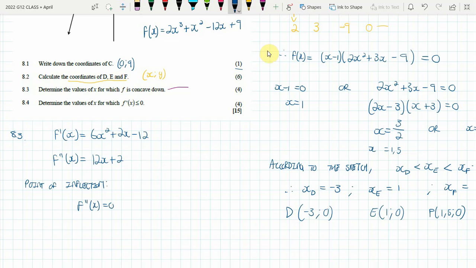So we're going to solve 12x plus 2 equals 0. Then what will be the value of x? Negative 1 over 6.